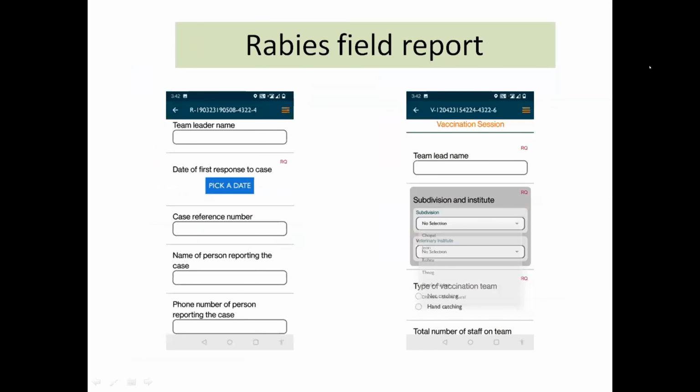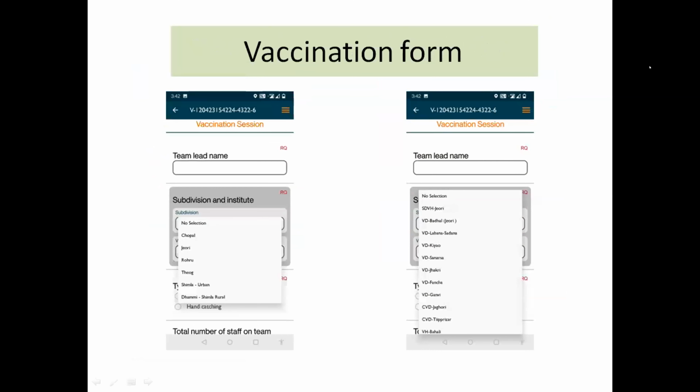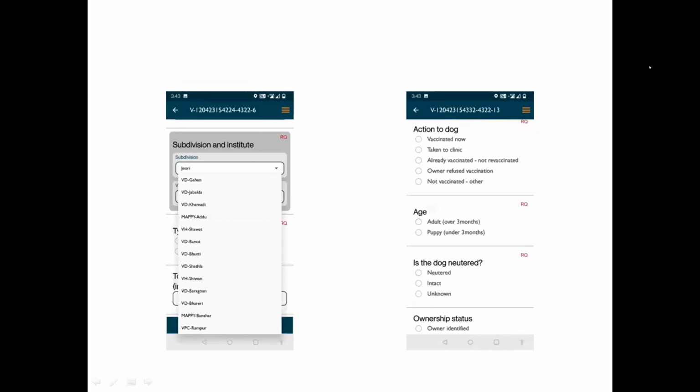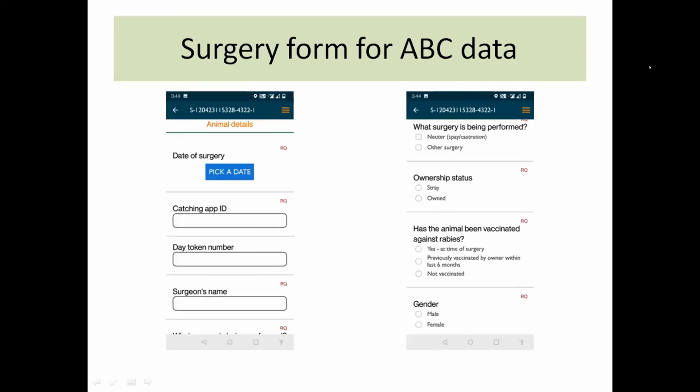If we use this type of tools, we can keep a proper record in digital form, and at the end of the month in an Excel sheet, we can have one monthly report, and it is easy to report also. So we have this app. This is for surgery ABC data.